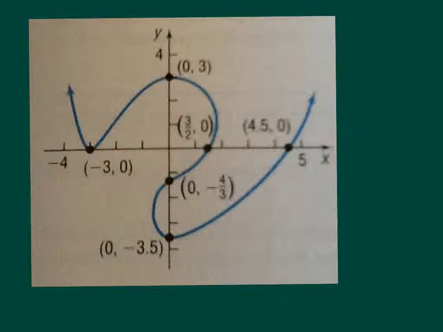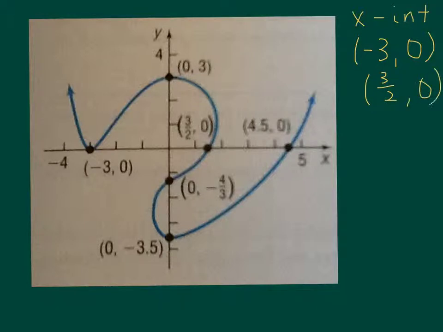So, if we were to list the intercepts, the x-intercepts, I'm going to write int instead of intercept, would be negative 3, 0, 3 over 2, 0, and 4.5, 0. Notice that they all end with a 0 for their y.